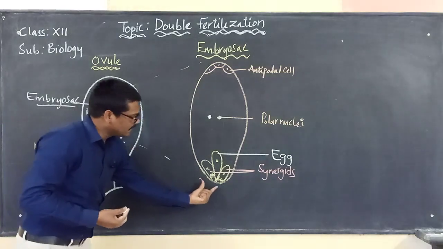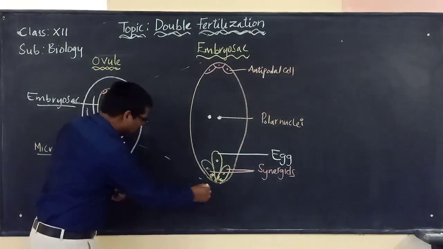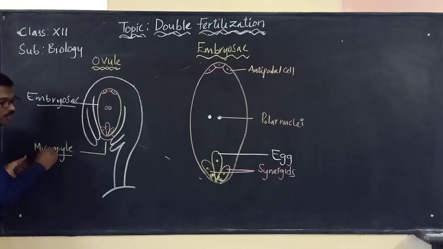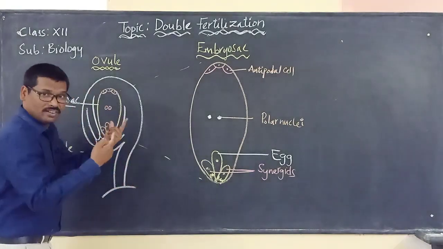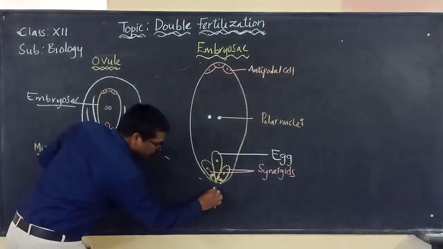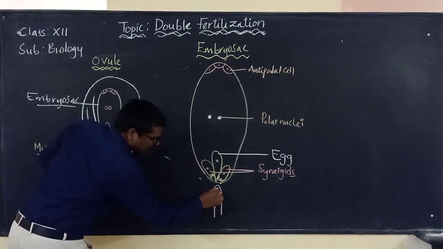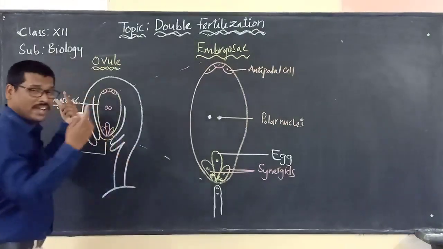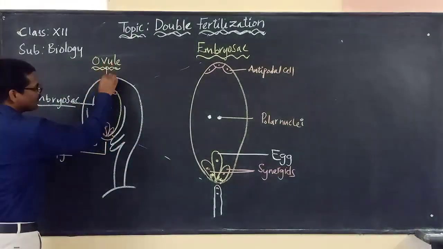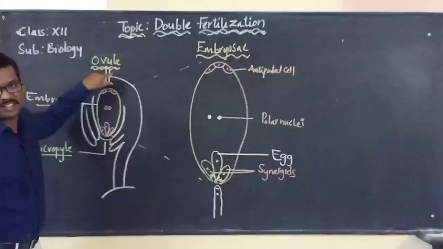So here, let us say that this is the opening of the ovule called what? The micropyle region is here. So at this region, what will be coming now? We already said the pollen tube. The pollen tube comes and may enter the ovule in various ways. We said chalazogamy if it enters through the chalazal region.